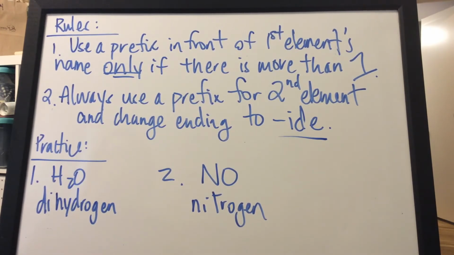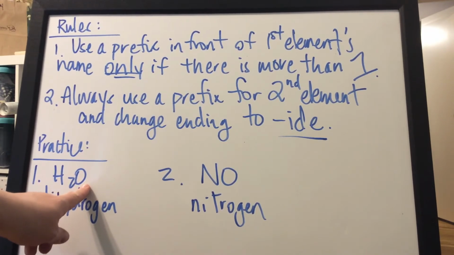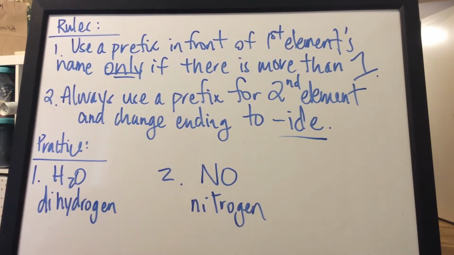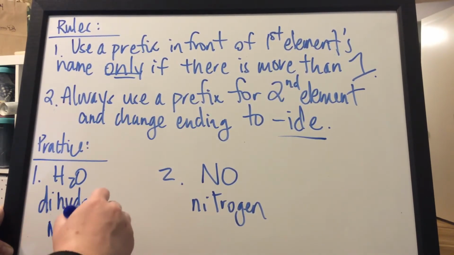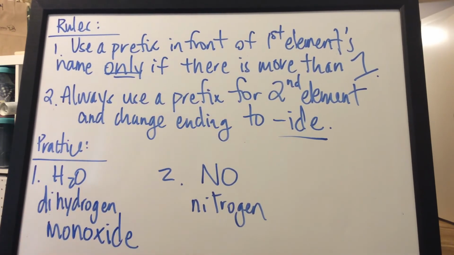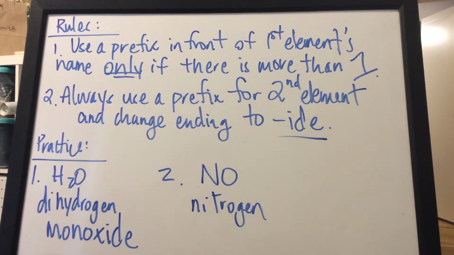Okay, so the second rule says you always use a prefix for the second element, and we're going to change the ending to "ide." So this is oxygen. It's going to be oxide, but I'm going to use a prefix regardless of how many there are. There's only one. That prefix is mono, and so this is monoxide. Okay, so this is actually dihydrogen monoxide, which is the true name for water.